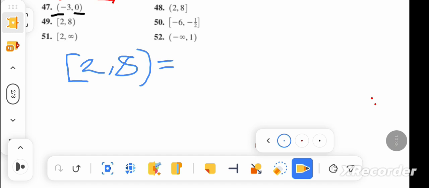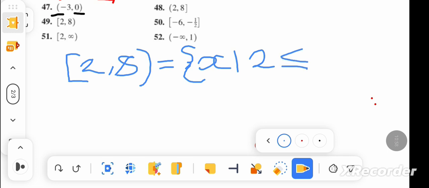So this is equal to, and we use a brace this side. Then we say x such that, then we write our 2 here. Since this side they have used a square bracket, we are going to say 2 is less than or equal to x, but x is less than 8. Then we close like that. So that is the inequality.